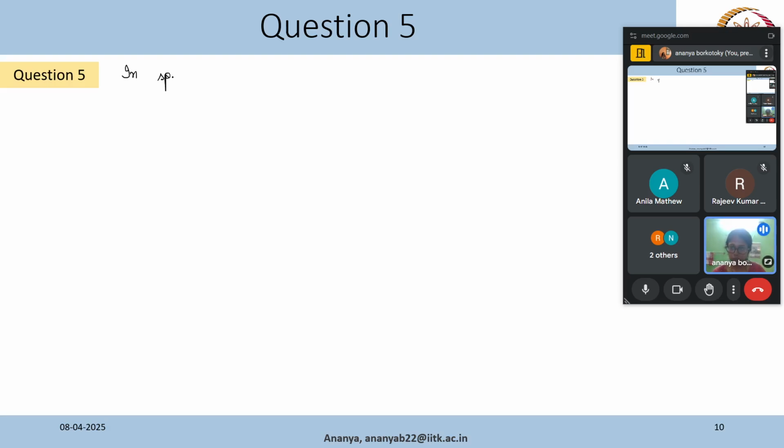In sputter deposition, which gas is commonly used to create plasma?